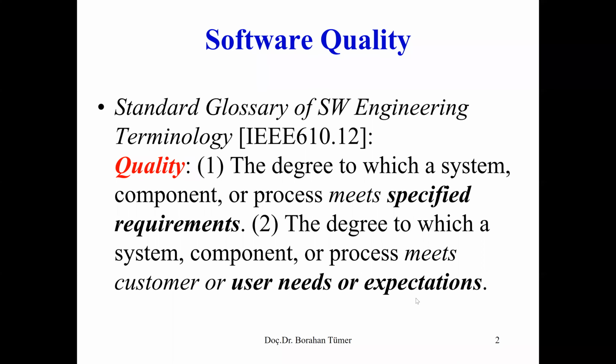So you are also familiar with that from about the start of the class, that validation is actually to ensure that the software product meets the user's needs. So here the quality in general terms is defined again using these 2 points.